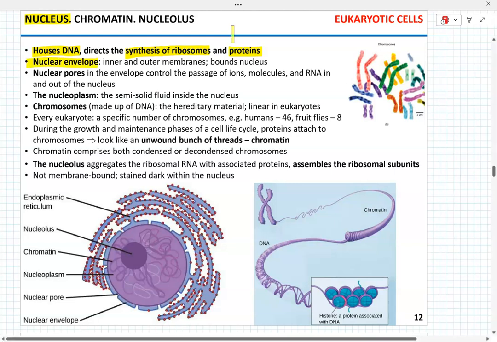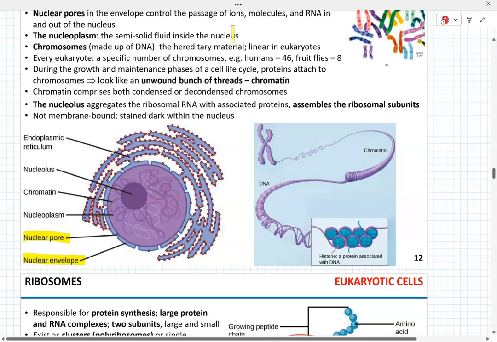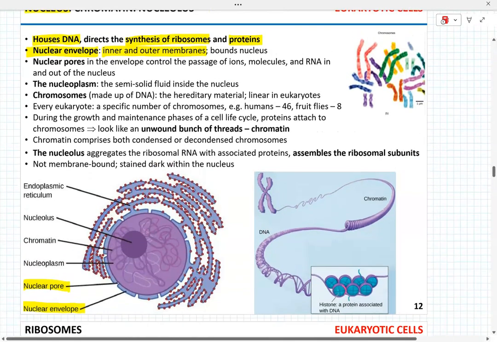Nuclear envelope consists not of just one bilayer, but of two independent membranes, the inner and outer membranes or leaflets. Within the nuclear envelope, there are nuclear pores, openings that allow the passage of ions, molecules, and RNA in and out of the nucleus.